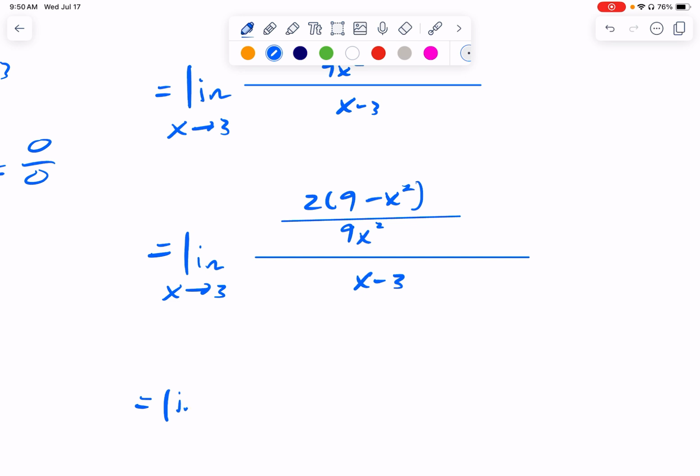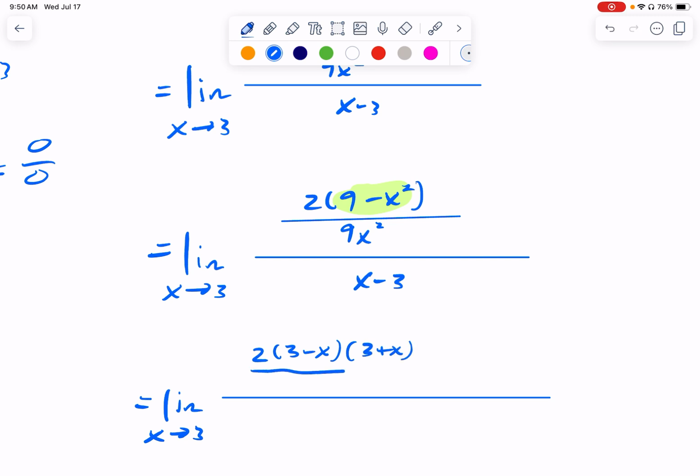And then 9 minus x squared factors. This thing here is a difference of perfect squares. That's 2 times 3 minus x times 3 plus x, over 9x squared, over x minus 3.